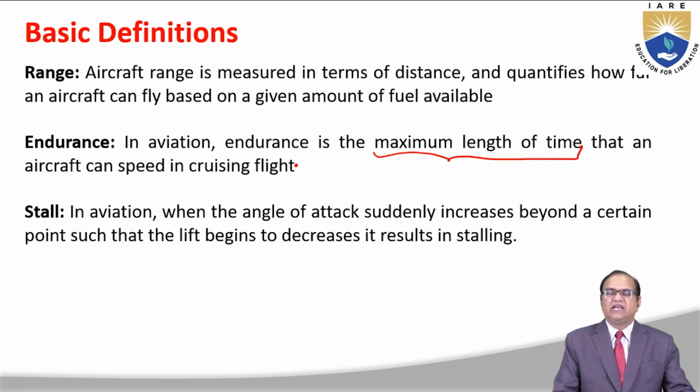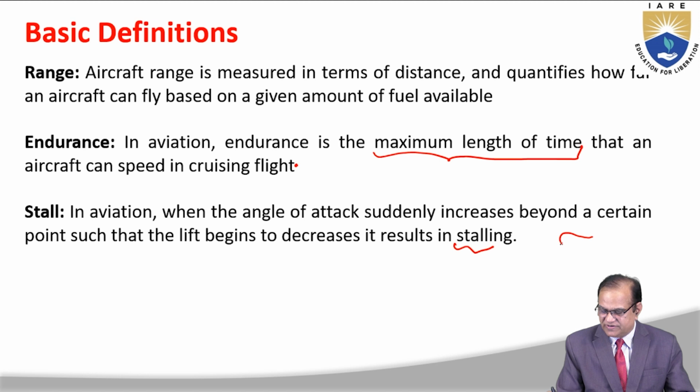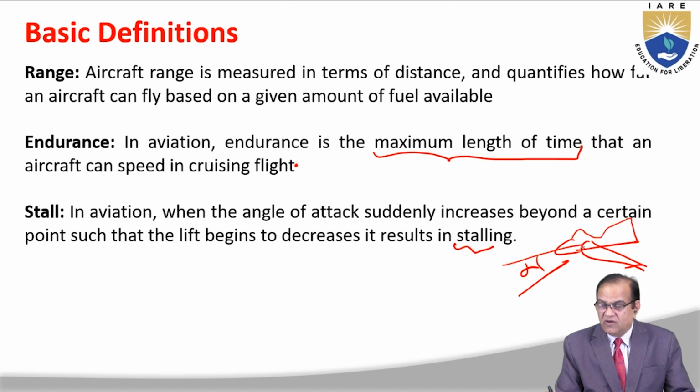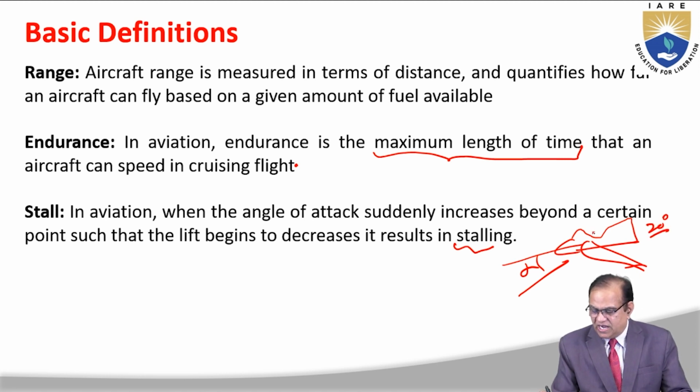Stall. In aviation, when the angle of attack suddenly increases beyond a certain point such that the lift begins to decrease, it results in a stall. So as you increase the angle of attack of your aircraft, this is your angle of attack. As you increase from a certain angle of attack, assume it is 20 degrees, the lift will be reduced.